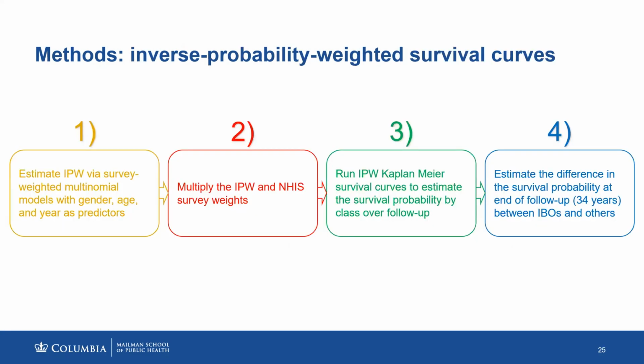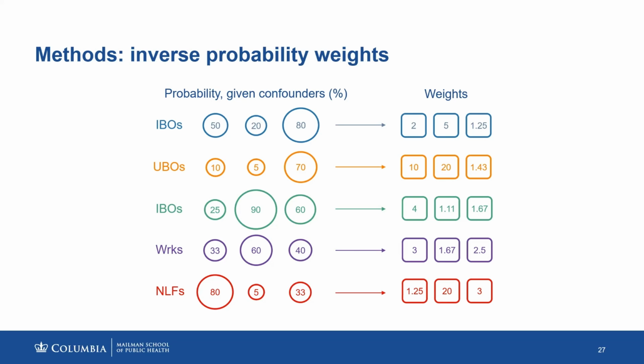So to analyze class mortality inequities, we use inverse probability weighted Kaplan-Meier survival curves. To this end, we first estimated inverse probability weights, or IPW, using multinomial logistic regression. These weights allowed us to construct a weighted pseudo-population in which class was independent of included confounders, by upweighting those with really low probabilities of belonging to their observed class and downweighting those with really high probabilities.